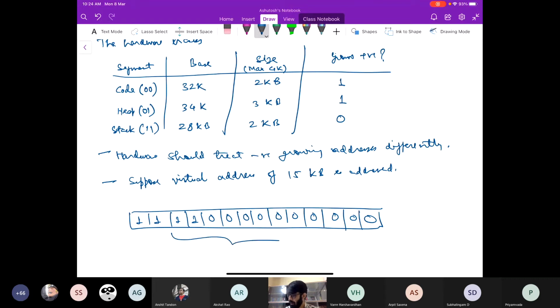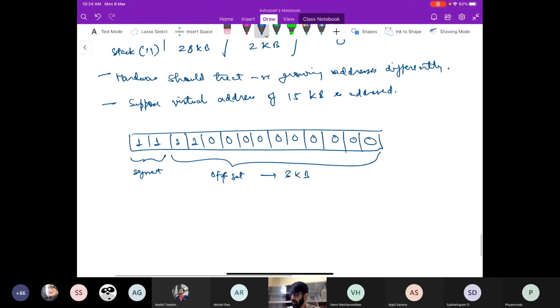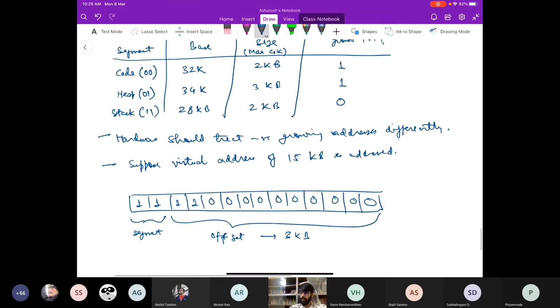So this is now the offset, as we had seen earlier, and this is 3KB if you translate this, and this is the segment. Okay, good. So now the offset is 3KB. But of course, if you add 3KB, because the size currently is 2KB, that's going to be illegal.